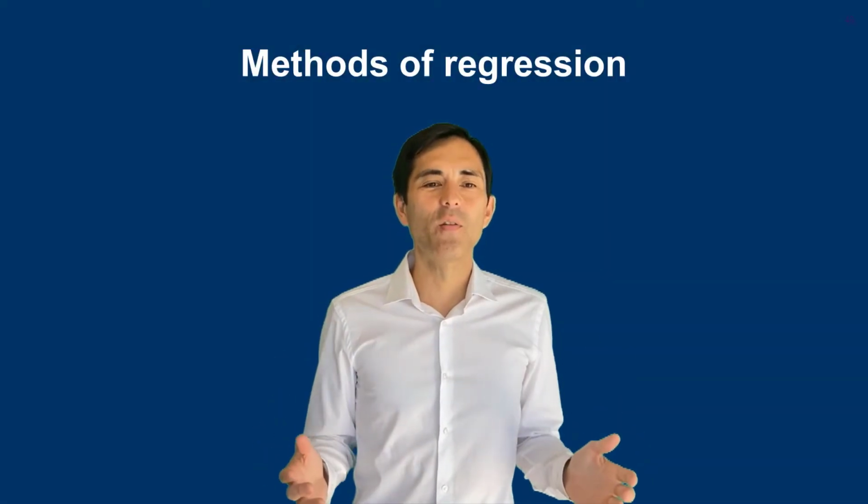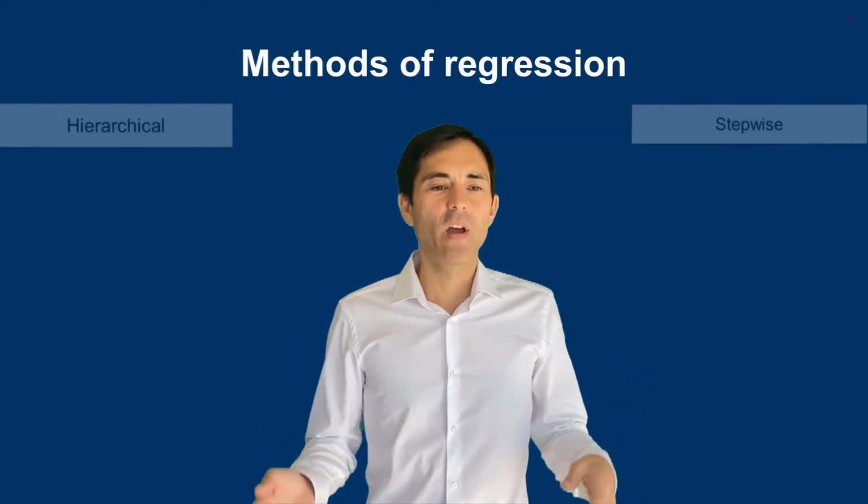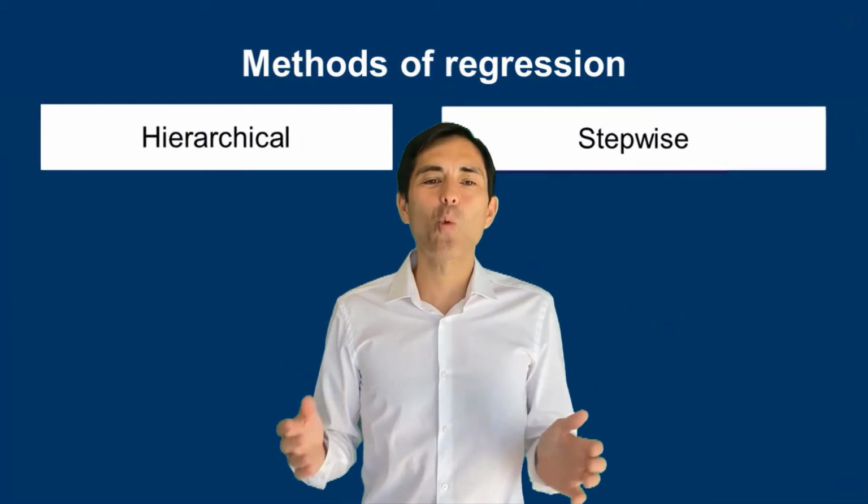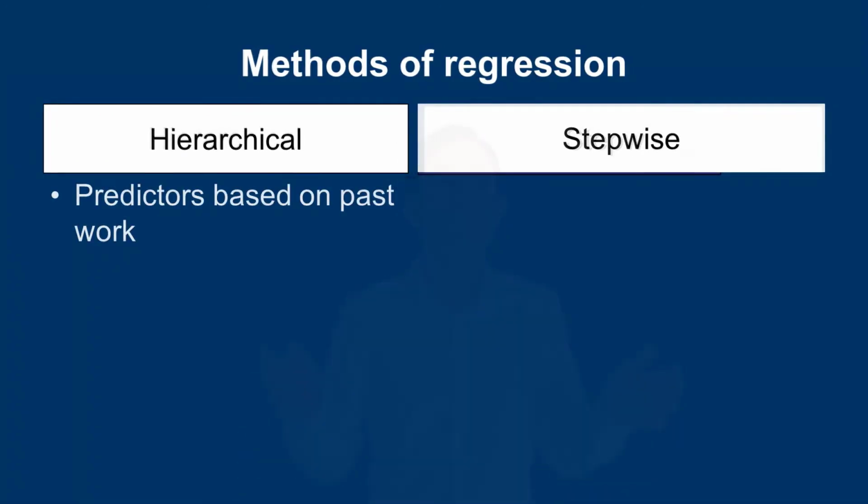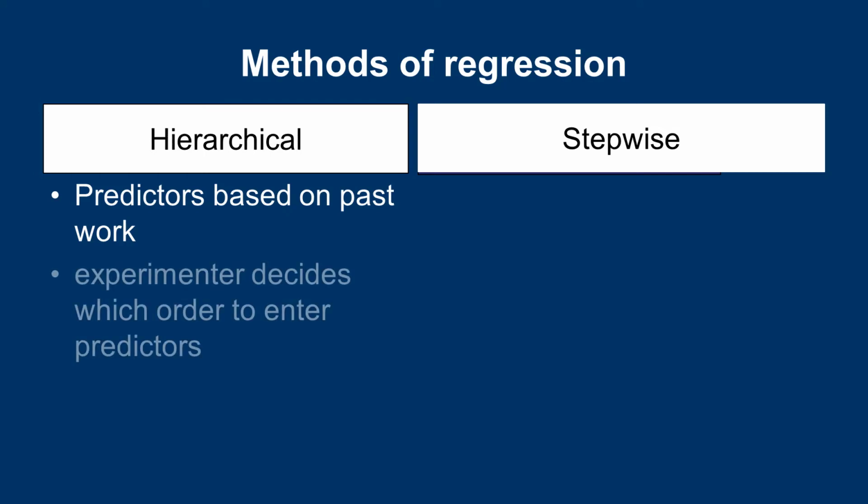There are different methods of regressions. We have hierarchical regressions and stepwise regressions. Hierarchical regression refers to entering predictors based on prior research. The researcher would decide which variables to enter first or in which order.